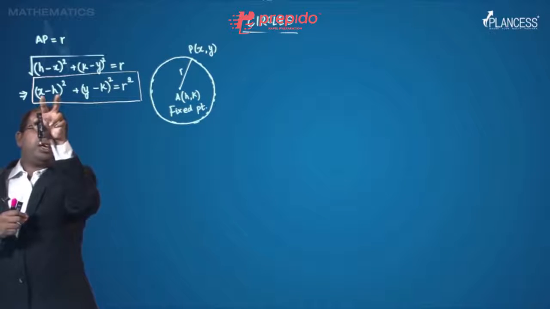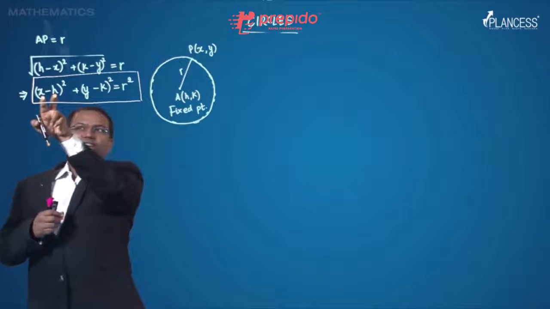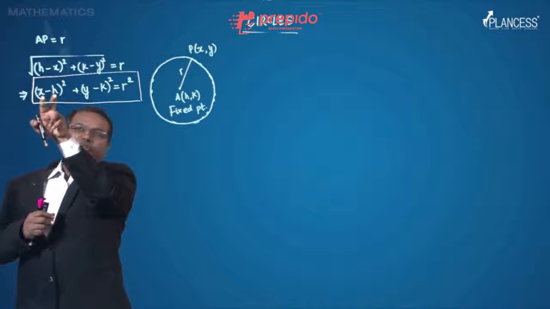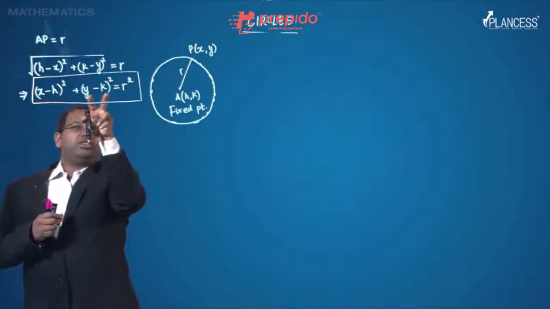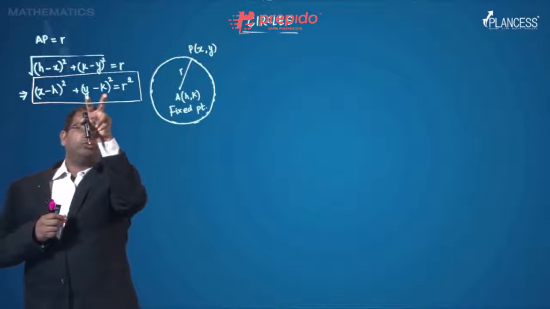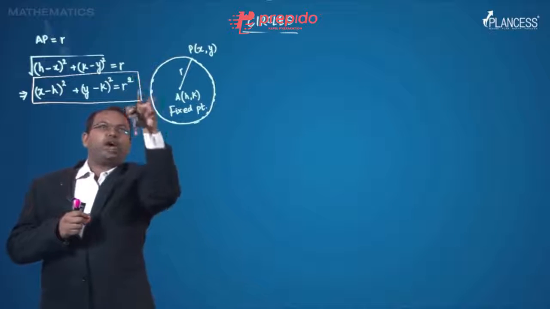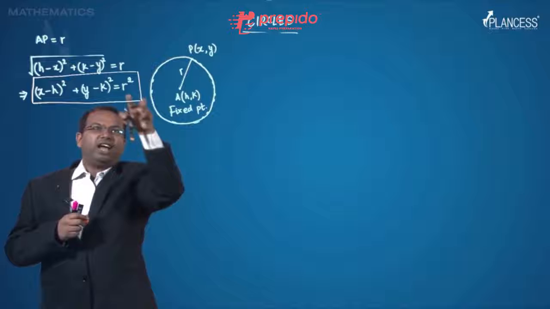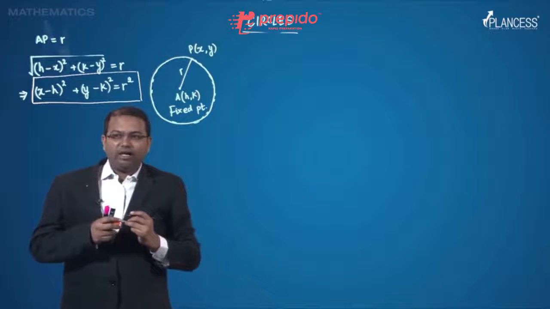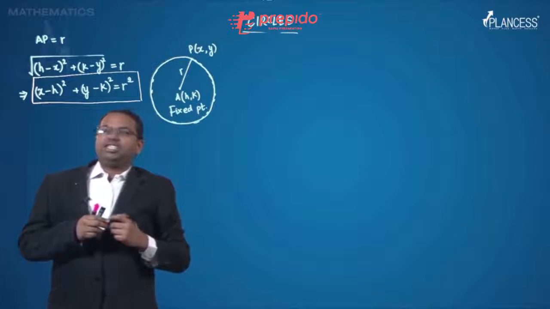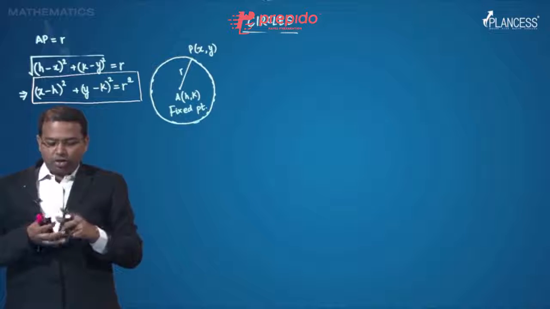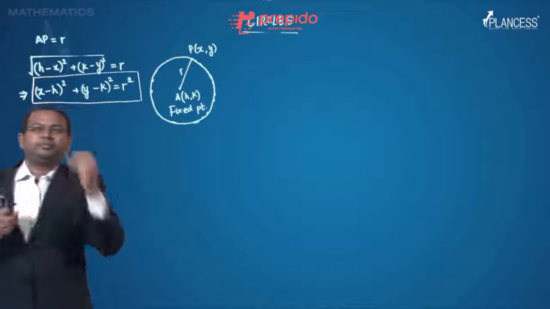So if you put the term inside the bracket here equal to 0, you will get the x coordinate of the center, and if you put this bracket equal to 0, you will get the y coordinate of the center. And if you take the square root of the constant which is on the right hand side, you will get nothing but the radius. So this is the standard equation of a circle.